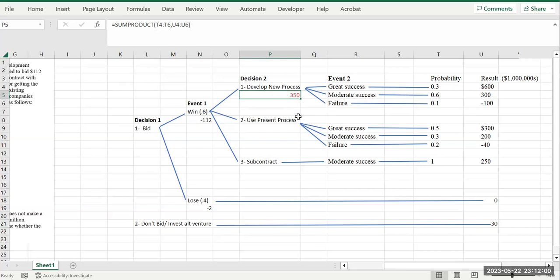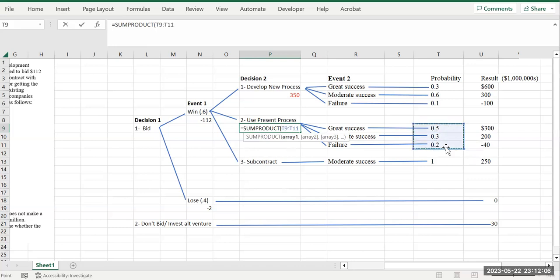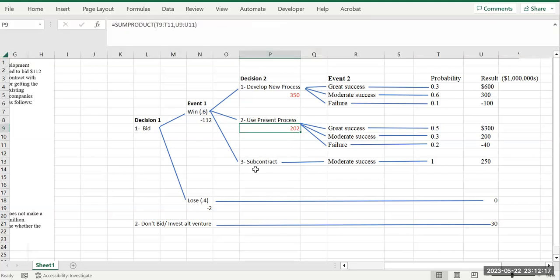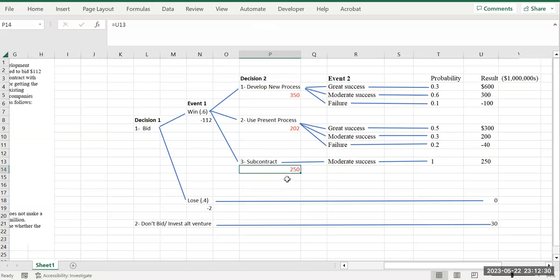I have to repeat the same thing for the other two decisions, and then we want to pick the best decision. So we need to find out which one gives us the best outcome. Decision 2 is a little less in terms of the rewards that we get, and then subcontracting, 100% to 50%, that's it, 250. It's going to be the expected return from that.